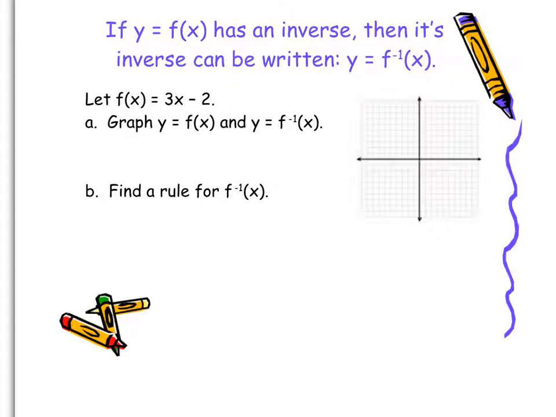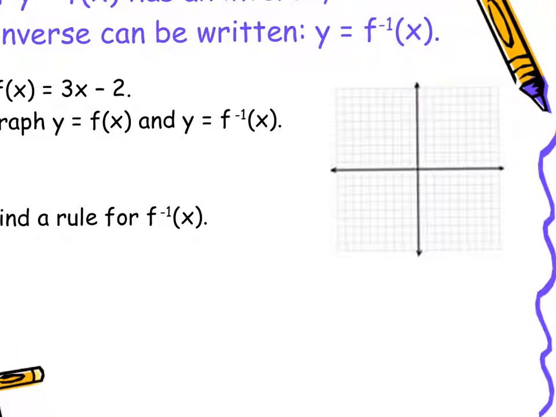All right, now we're going to look at a couple of different ways to find the graph of an inverse and then to find its rule. The function I have is 3x minus 2.